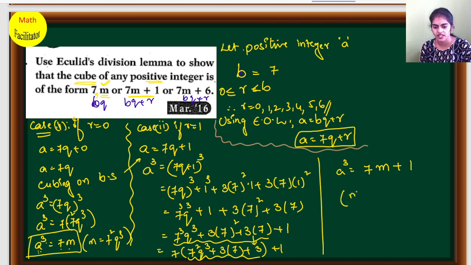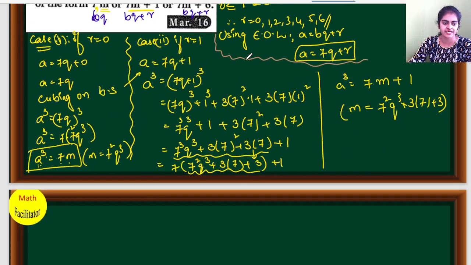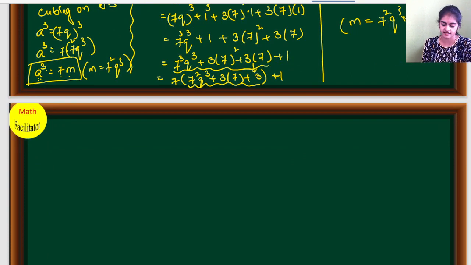So here m is nothing but 7 square q cube plus 3 into 7 plus 3. I am not solving so that I can save my time in exam hall. I am just doing this way because anyway you are going to substitute this entire value as m. Is it clear? So let us proceed to the next case. The same thing you will repeat for all the cases.